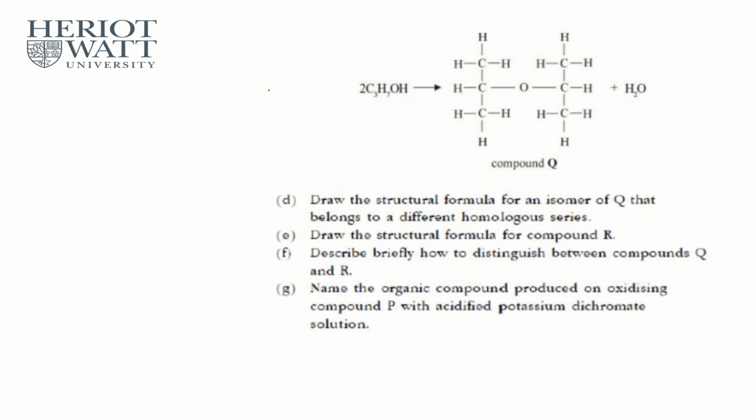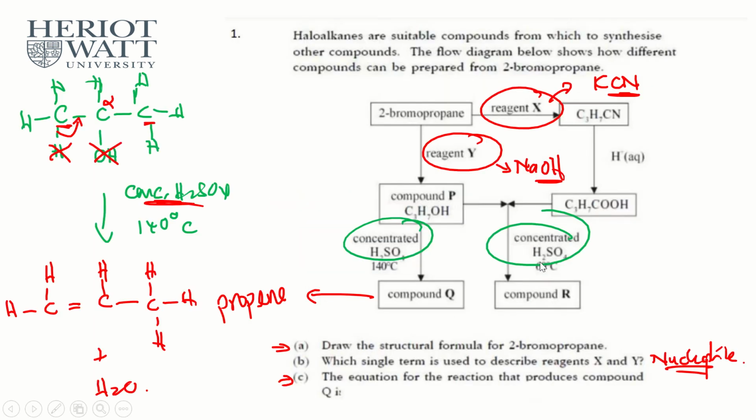So see that for compound Q here, the equation given is actually showing an ether, right? It's actually showing an ether. And what we deduced just now, compound Q, is actually an alkene, with concentrated sulfuric acid, right?